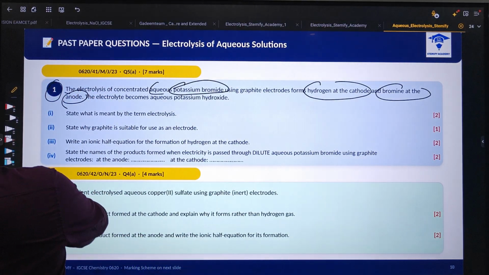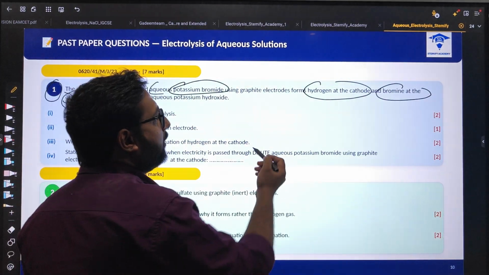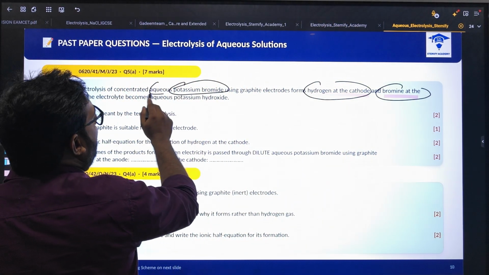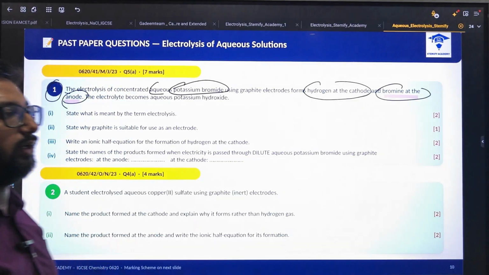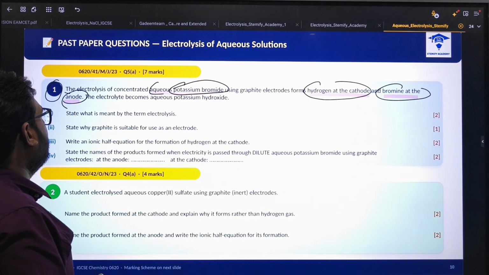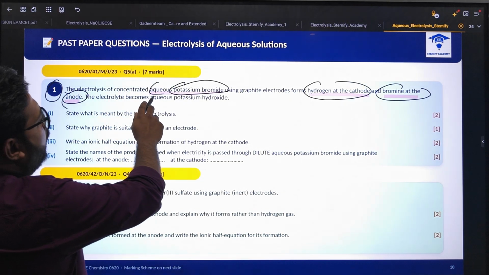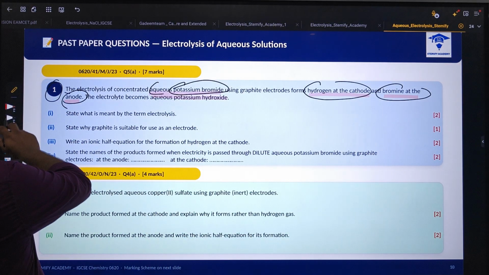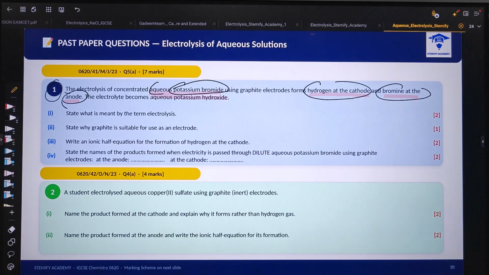In the exam, while reading the question, make a habit of underlining the important points. It says the electrolyte becomes aqueous potassium hydroxide. Let us see what is being asked.